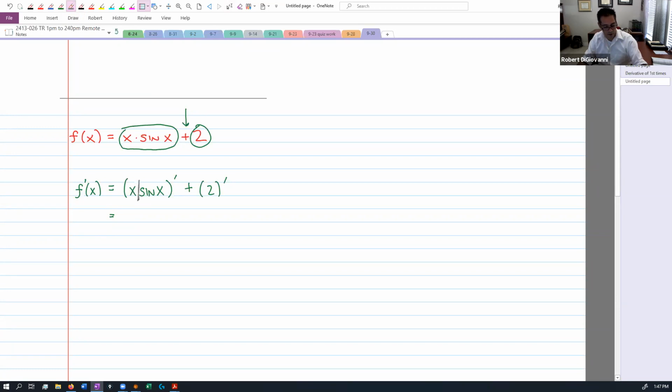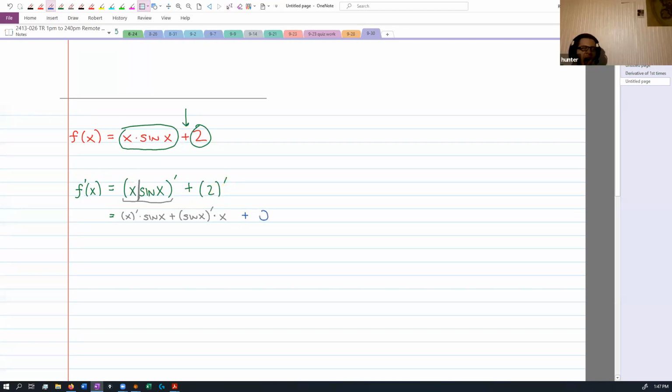We just did this problem, right? There's our product. So on this, it would be the derivative of the first one, times the second one, plus the derivative of the second one, times the first one. And everything I've written down here in gray is just that product rule on that. I still have next to it plus the derivative of 2, right? What's the derivative? It should be 0. It's going to be 0, but I'll put it there anyway.